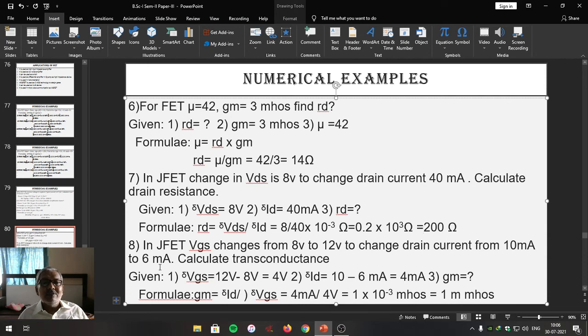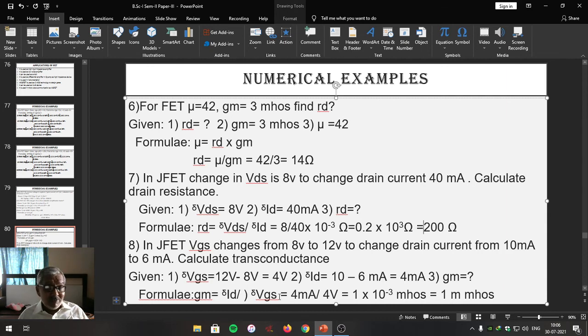Therefore, given quantity delta VGS is the change, that is 12 minus 8, that is 4 volt. Delta ID is 10 minus 6, again it is 4 milliampere. You have to calculate gm. Formula is gm is equal to delta ID upon delta VGS.